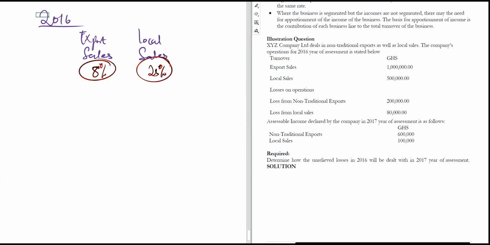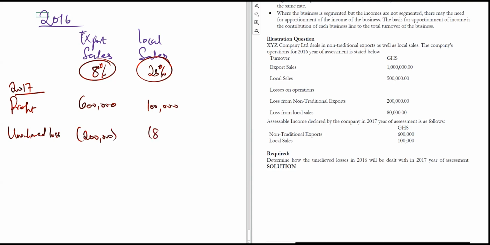When we come to 2017, we had accessible income, so we have profit. The profit declared for this one was 600,000, and the profit declared for this one was 100,000. The unrelieved or carried forward loss we can deduct: from this one we can take the 200,000, and from this one we can take the 80,000.